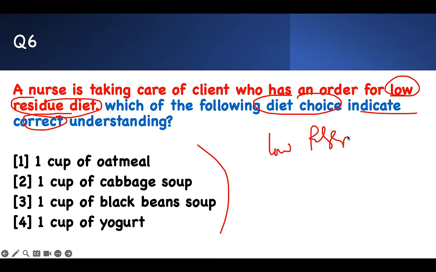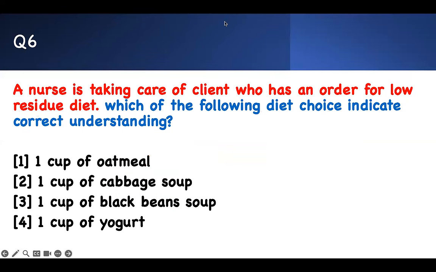We did high fiber, now we're doing low fiber, which is low residue. Therefore, if I see a bunch of fiber answer choices, I'm taking them out. If they look the same, I'm taking them off. Oatmeal, I know it has a lot of fiber. Cabbage, I know it has a lot of fiber. Black beans, I know it has a lot of fiber. There's no way 1, 2, 3 should be the right answer. They look the same. I'll choose a cup of yogurt as my right answer. That will be a low residue diet, a low fiber diet.